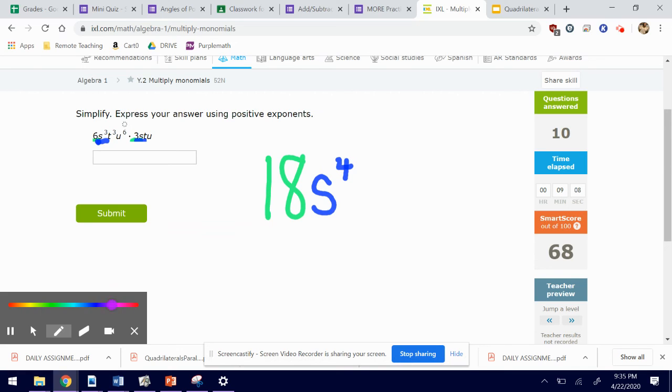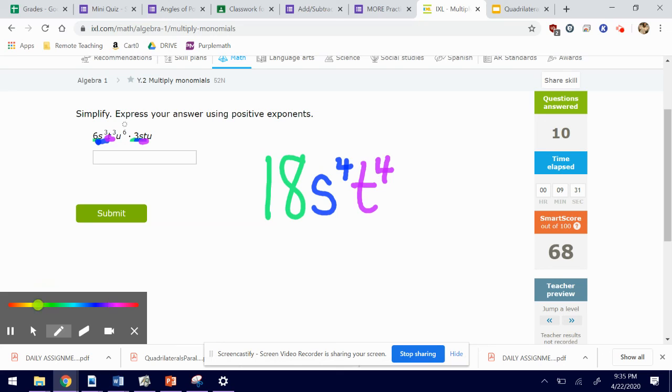Okay, now I'm going to worry about my t. Well, I have t to the third, and right here I just have t to the first. 3 plus 1 is also going to be 4. So right beside this, I'm going to put t to the 4th.